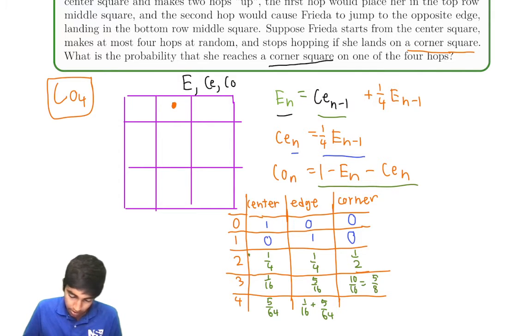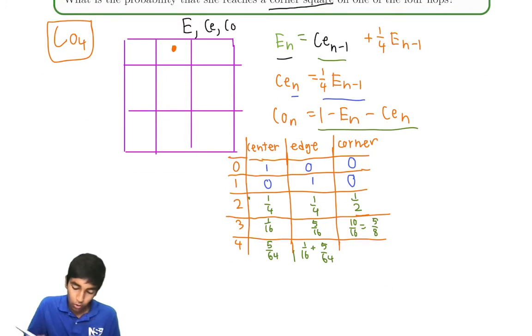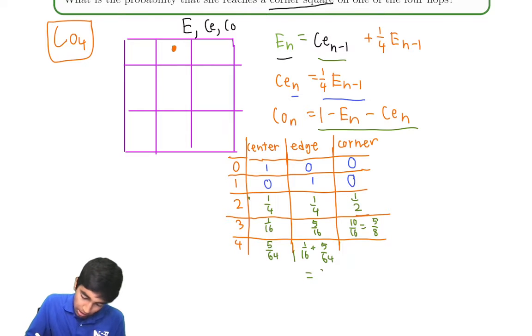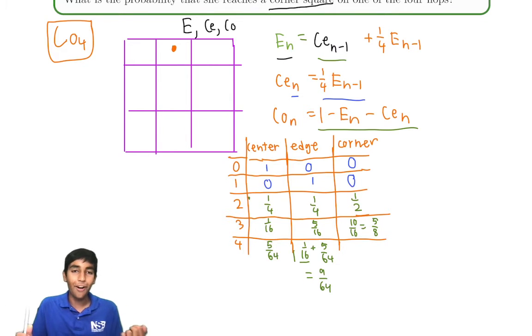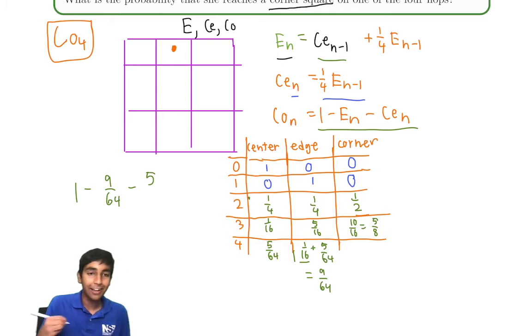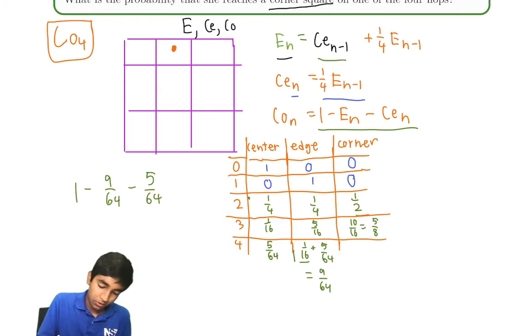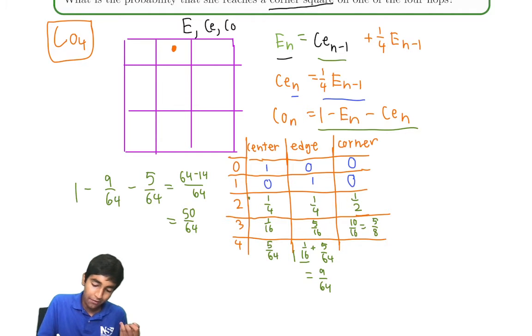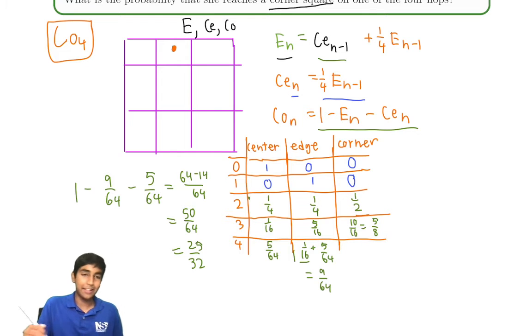Now all we have to do is add things up. 1/16 plus 5/64 is 9/64, because 1/16 is 4/64. So what's corner after 4 moves? The final answer is 1 minus 9/64 minus 5/64. That's 64 minus 14 over 64, which is 50/64, which is nothing but 25/32. And that's the answer.